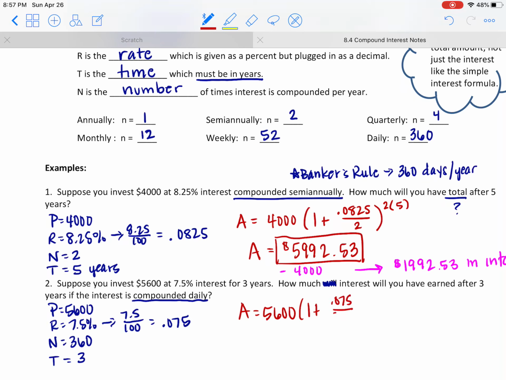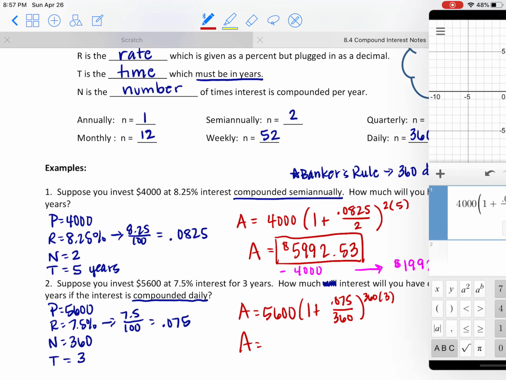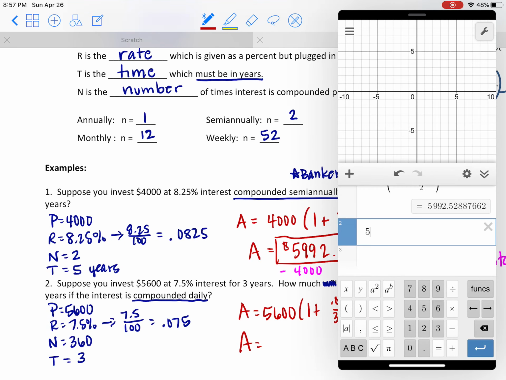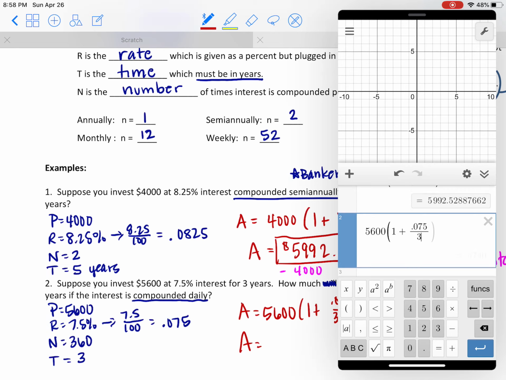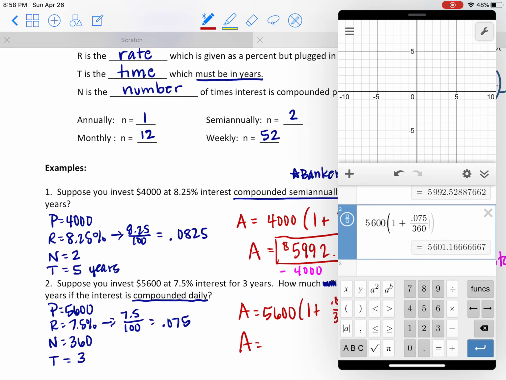So to our formula, A is going to equal, let's see, $5,600 times 1 plus 0.075 over 360, and that's going to be raised to the n times t power, so 360 times 3, and now we go to the calculator.